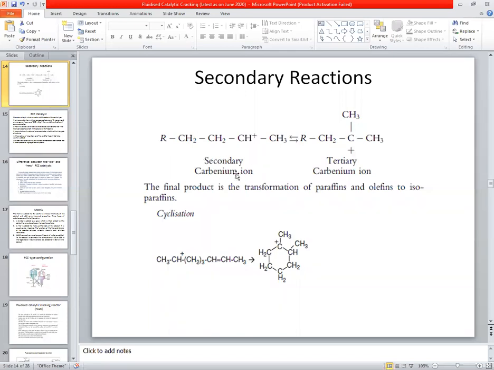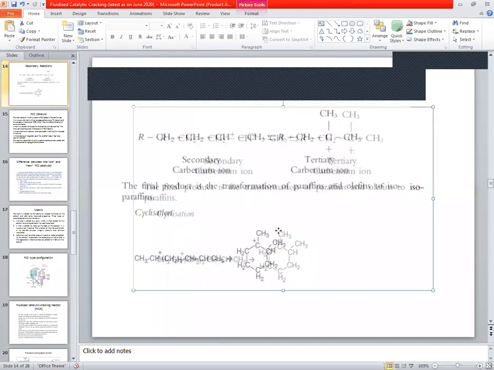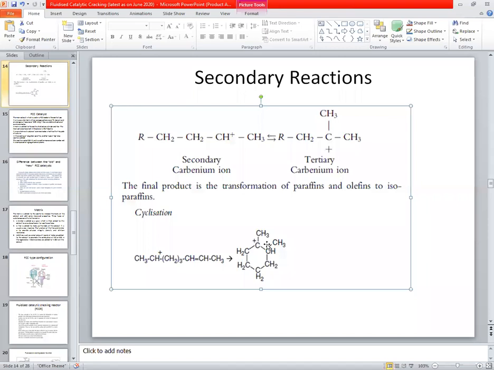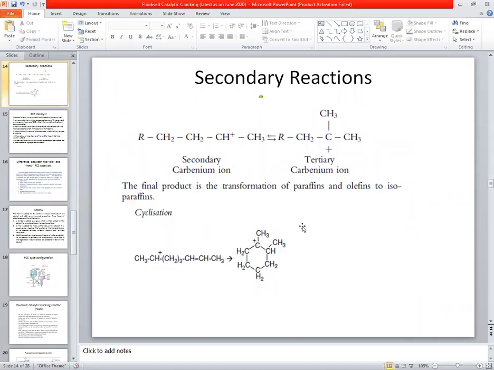So from the secondary carbonium ion, it produces the tertiary carbonium ion, followed by cyclization, meaning these are the coke, the undesired product we would not like to produce, but we cannot avoid forming.